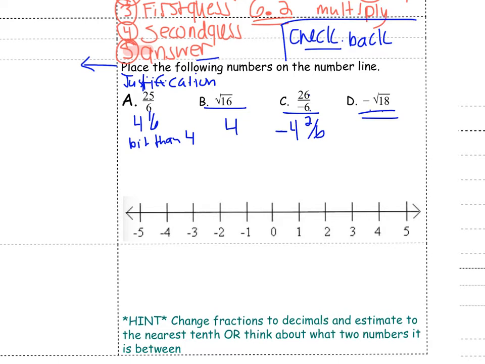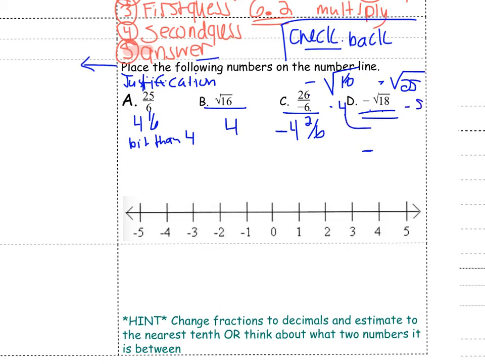And then the square root of negative 18. So we know it's going to be negative, and then we have to find our perfect squares. But in this case, because we're just estimating on a number line, you don't actually have to do the multiplication unless it's really close. So we have a 16 here, and we have a 25 here. So the square root of 16 is negative 4, and the square root of 25 is negative 5.